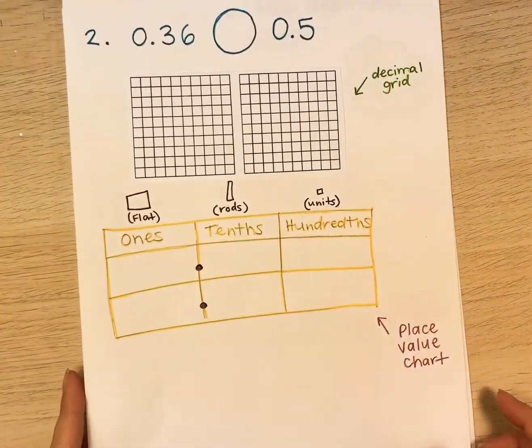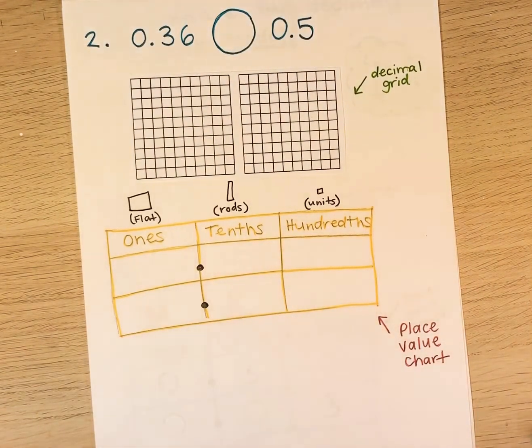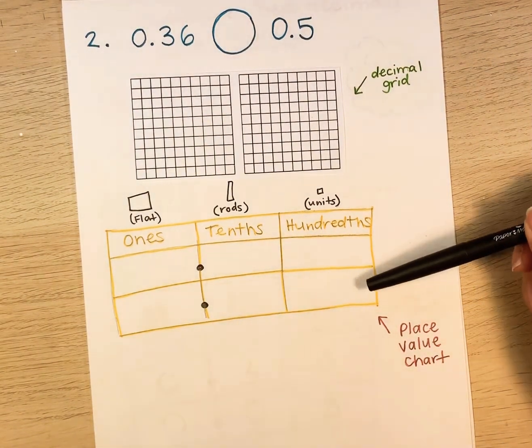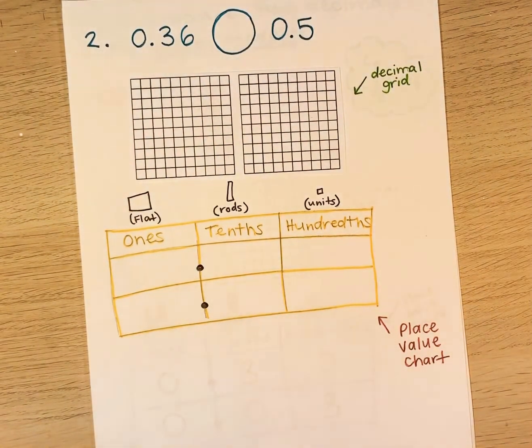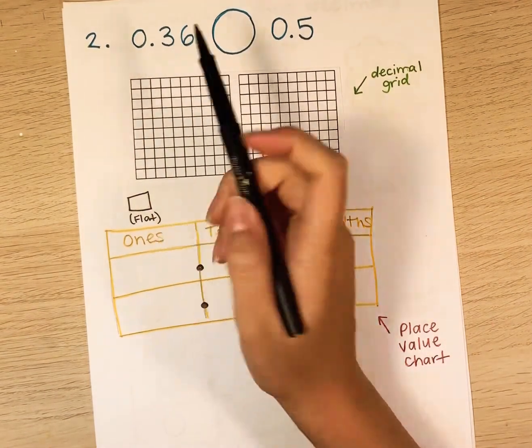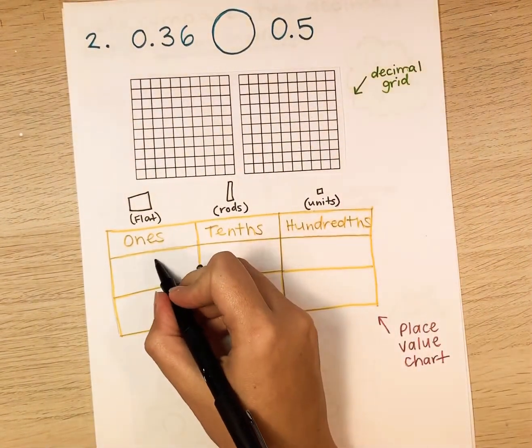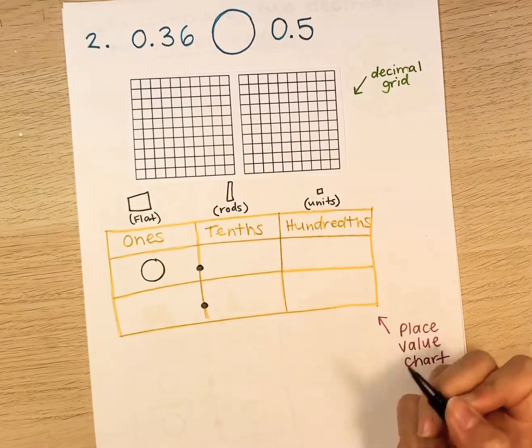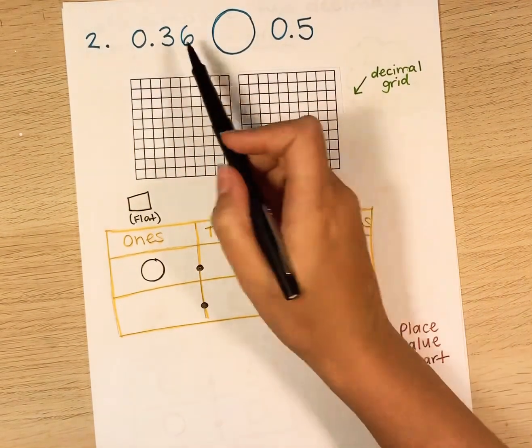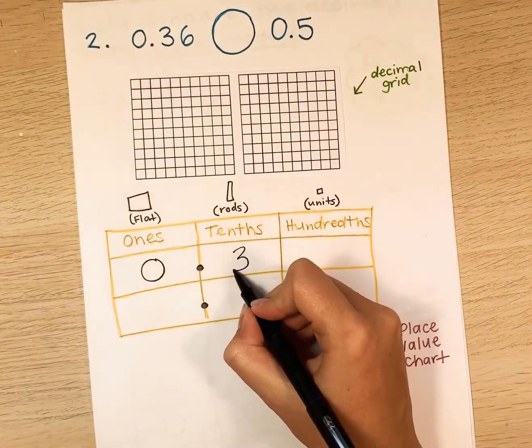Our next problem, we have 36/100 compared to 5/10. Again, we're going to start with this place value chart. So 36/100, it's not greater than 1. So we're going to place a 0 here. In our tenths column, we see a 3.